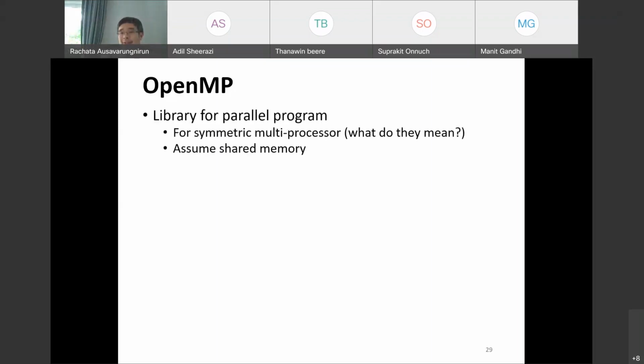OpenMP is a library. When you install it, it's designed for parallel programs, specifically for symmetric multiprocessors. Multiprocessor means multi-core. What does symmetric mean?